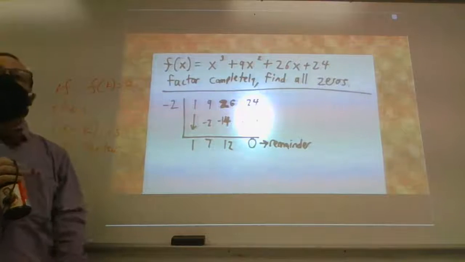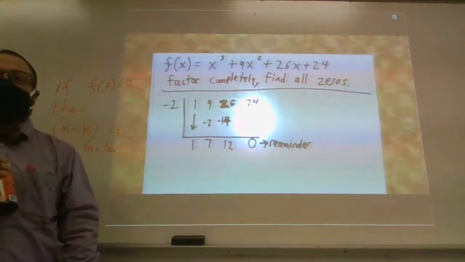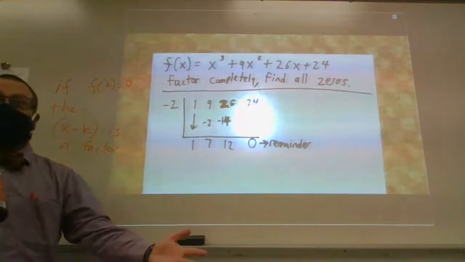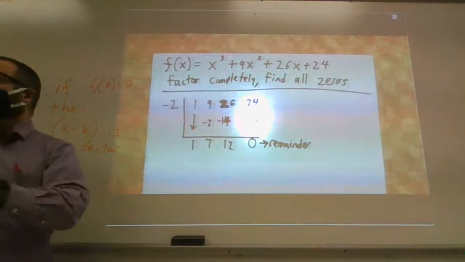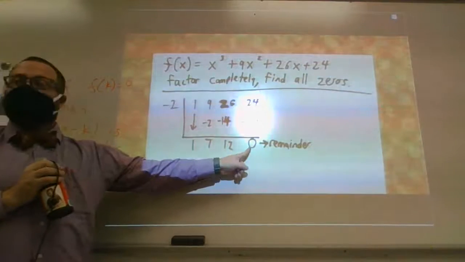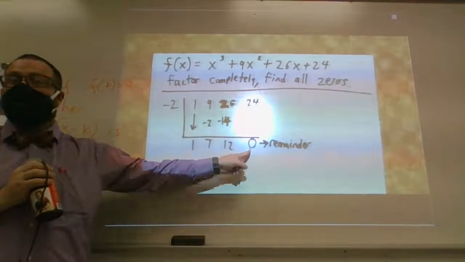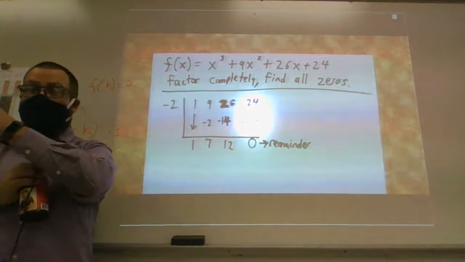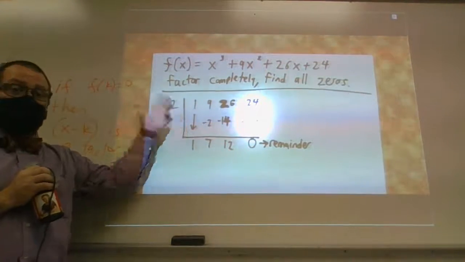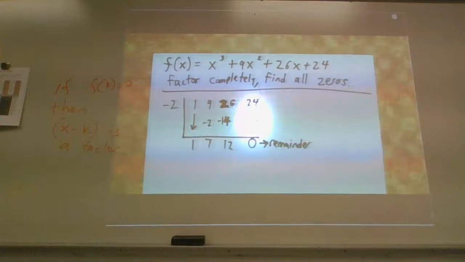That's one possibility. What's the second possibility? You made a mistake. Absolutely. So just be aware, if you don't get a 0 here, it's one of 2 options: either you made a mistake or the number that you plugged in was wrong. You always have to double check. If you get a 0, then hey, you did it.